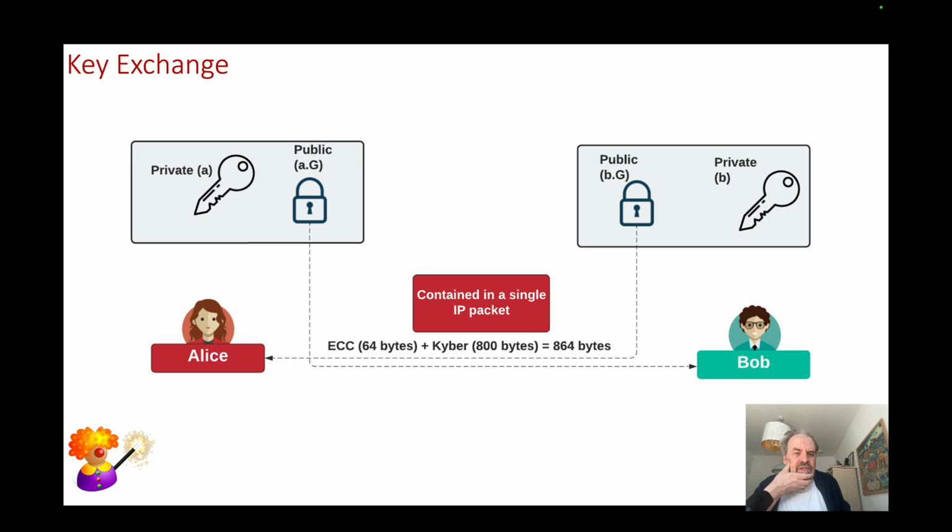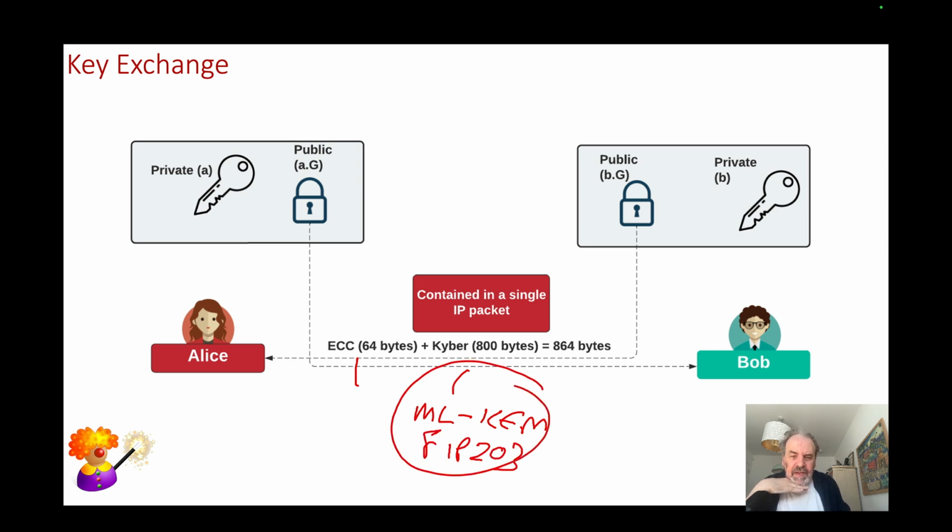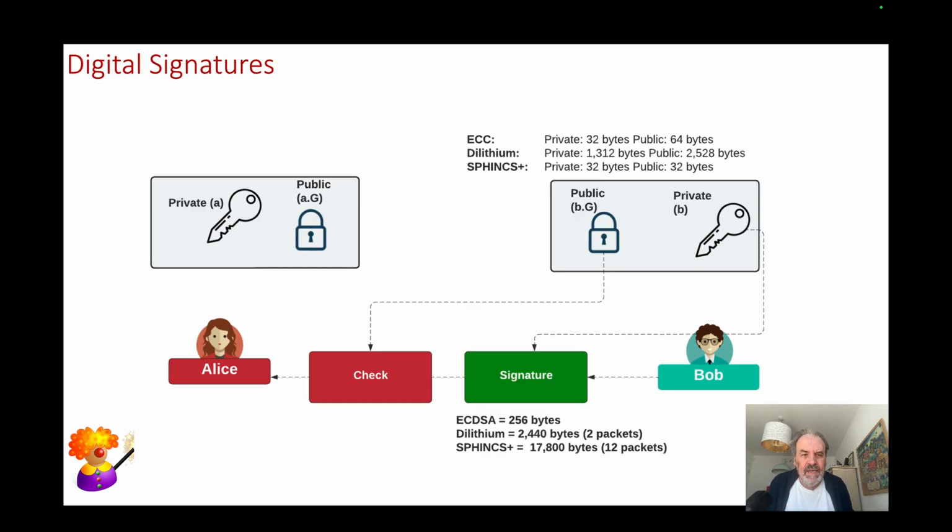Okay, so for key exchange, what we can do is have a hybrid method where we can put both Kyber and ECC. This is now called ML-KEM, if you're interested, or FIPS 203. So we can exchange both elliptic curve and Kyber, and that will give us 864 bytes, which is quite good because it's less than the size of a TLS packet.